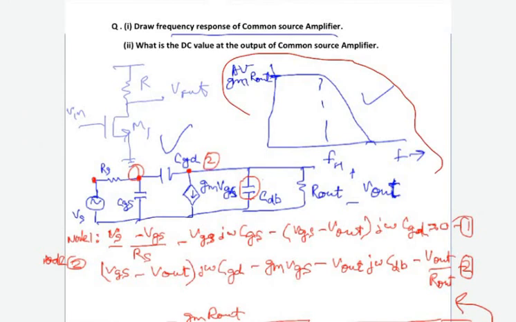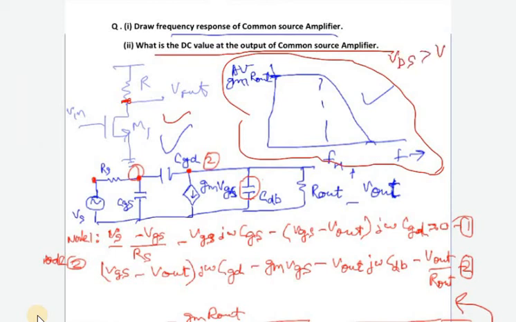Now the next question is, what is the DC value at the output of the common source amplifier? DC value at output means the drain terminal. If you want to operate this amplifier in saturation, VDS should be greater than VGS minus VT.